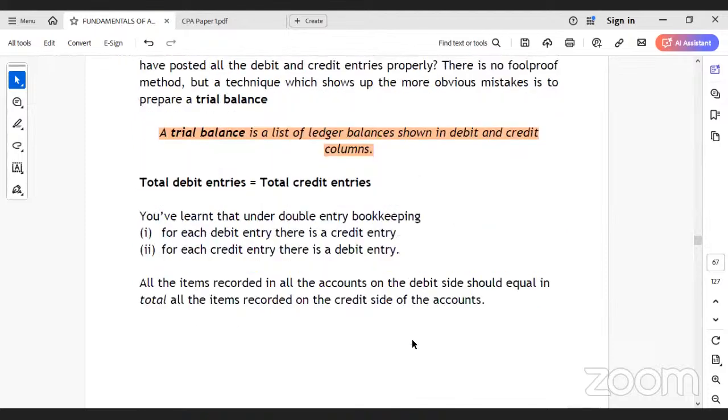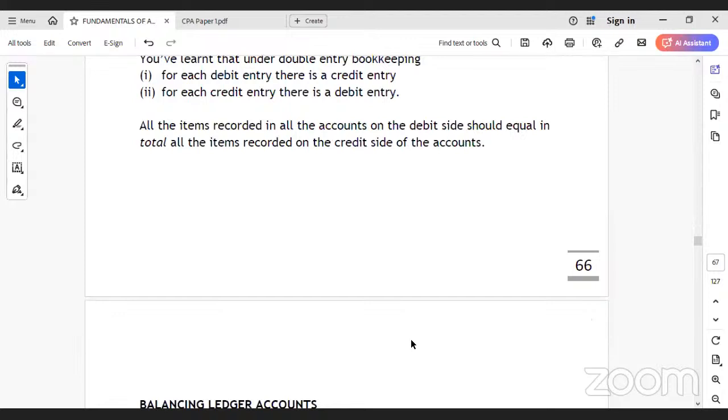Don't forget that in double entry bookkeeping, for each debit entry, there is always a corresponding credit entry, and for each credit entry, there is always a debit entry.